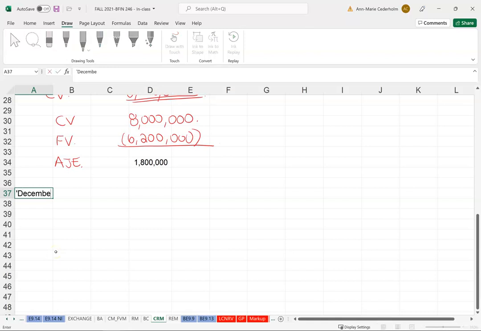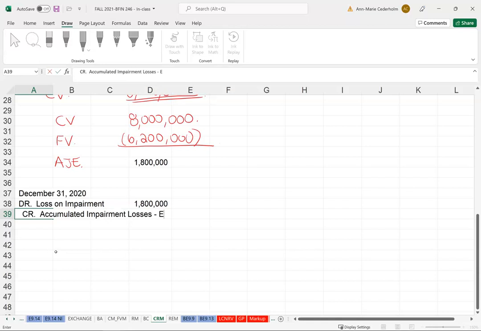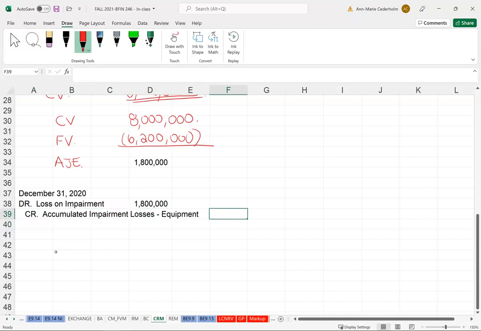On December 31st, 2020, you would debit loss on impairment for $1.8 million, and then you would credit another contra asset account, which we'll call accumulated impairment losses, just on the equipment. And that's for 1.8 million.